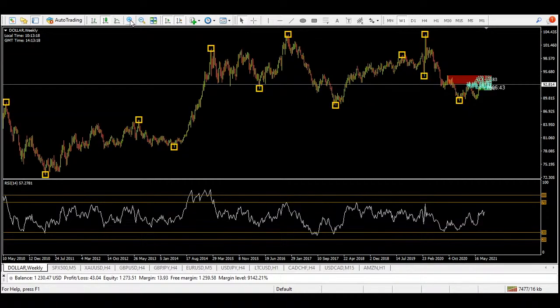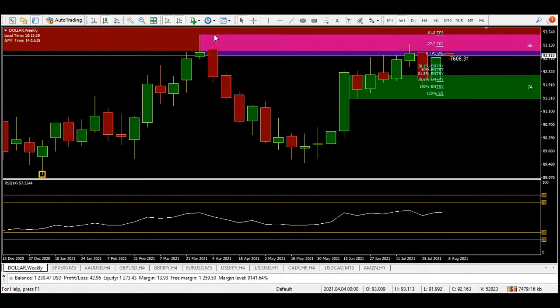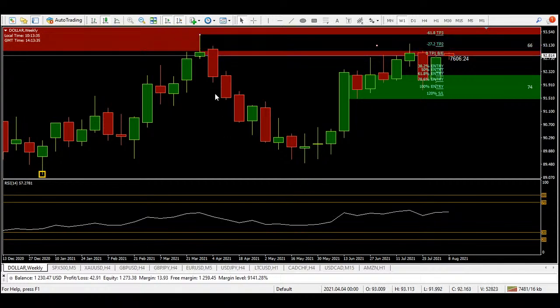Definitely a Dallas, man. See if I can get Dallas some type of, maybe I'm biased. Just the bias, guys. It's not trading advice. This is just the bias.